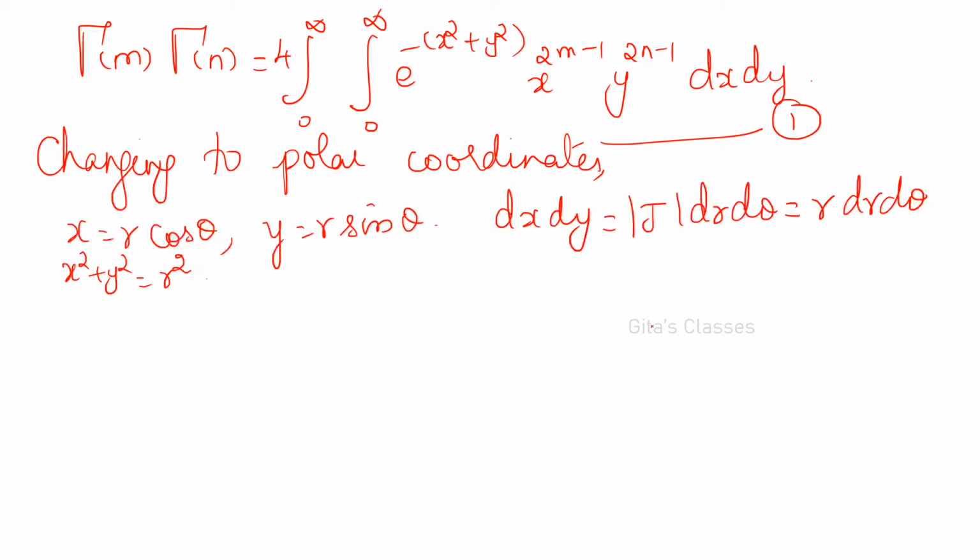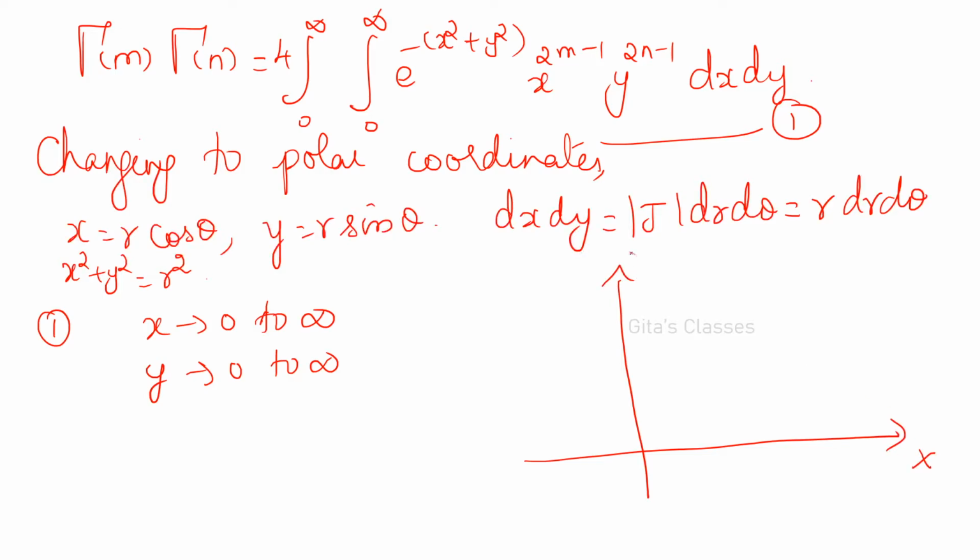These things you remember. Now what is the area here? From equation number 1, you know that x varies from 0 to infinity and y varies from 0 to infinity. These are the limits, right? The first integral is for the first variable, the second integral is for the second variable. So this is the region.